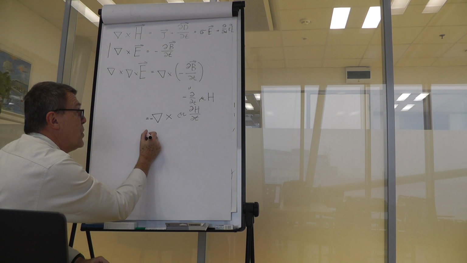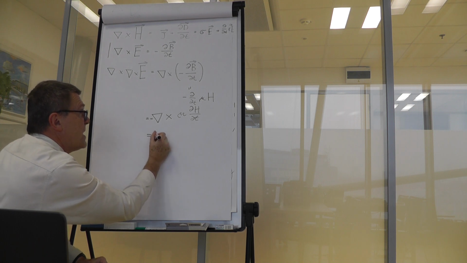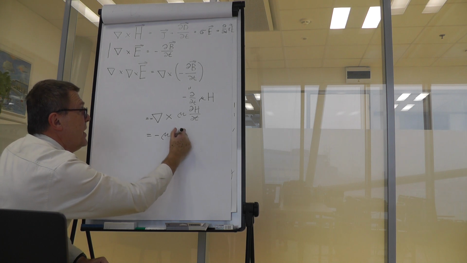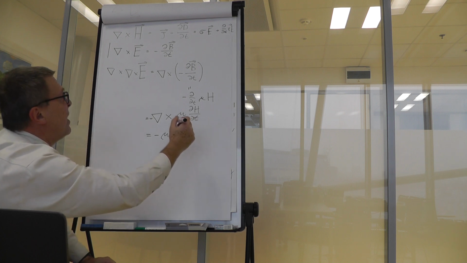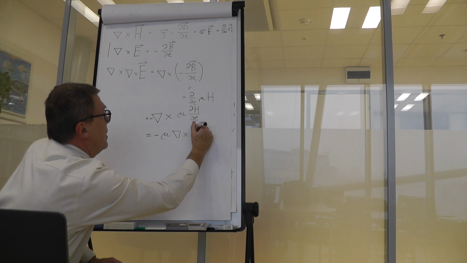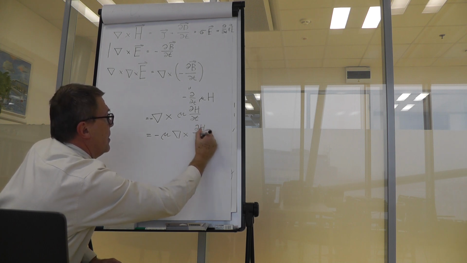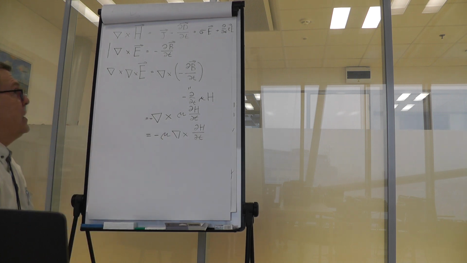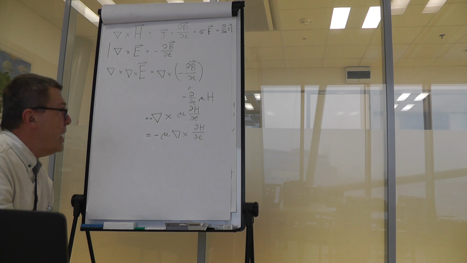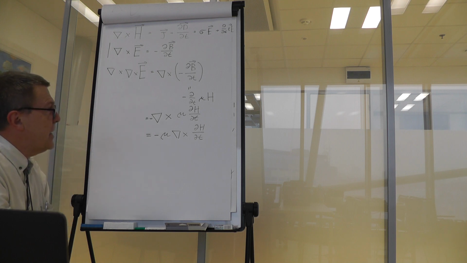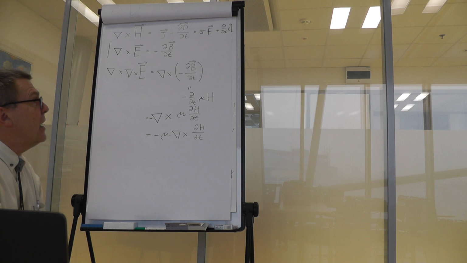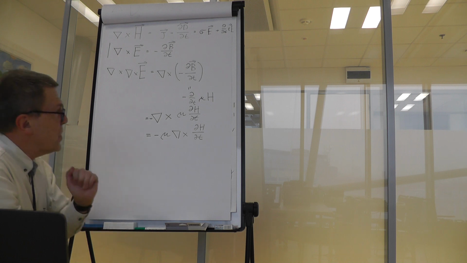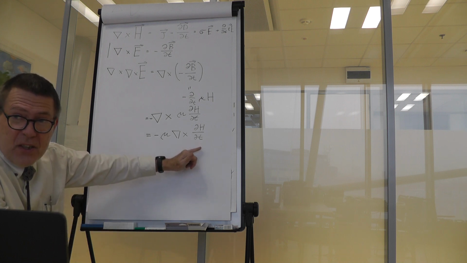So if we had the homogeneous media, we could write that this is minus mu nabla vector product, now being investigating homogeneous, stationary, isotropic linear media, we can also change the order of differentiation.